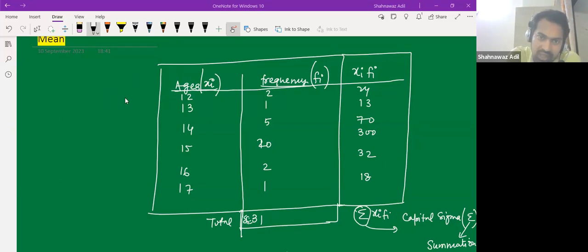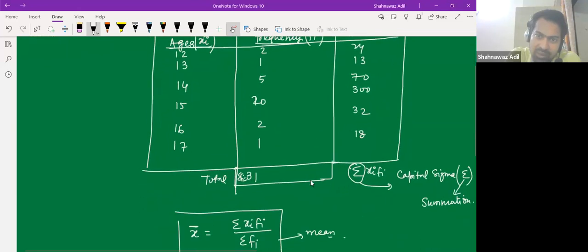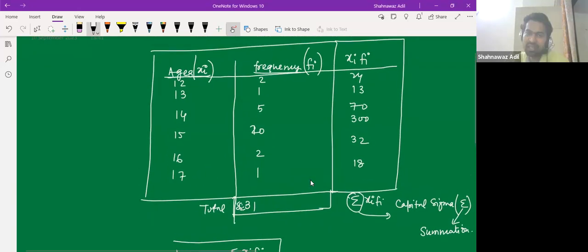But did you understand how this works? When you want to calculate the mean of data, this data is called ungrouped because you are individually writing the ages.